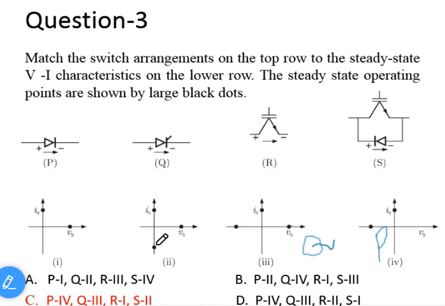Since it is not blocking the reverse voltage, when I give a reverse voltage, this diode will turn on, and therefore, this characteristic belongs to S. And finally, this characteristic belongs to R. Therefore, the choice is like this: P is related with 4, Q is related with 3, R is related with 1, S is related with 2. What is the answer? C is the answer.